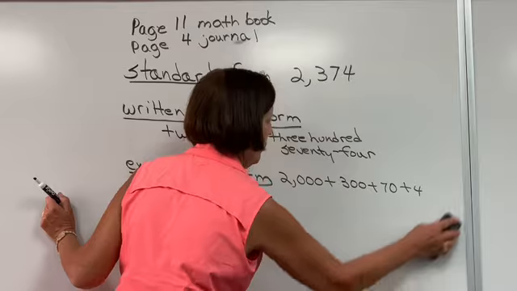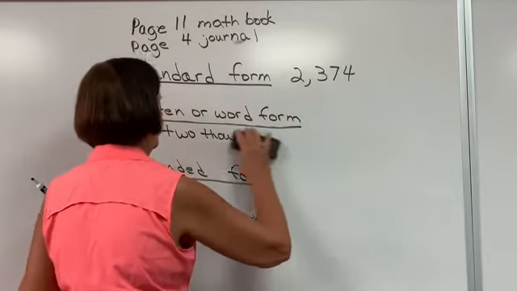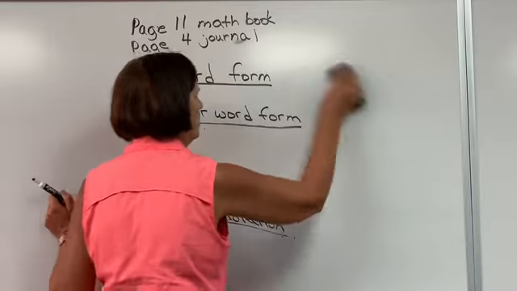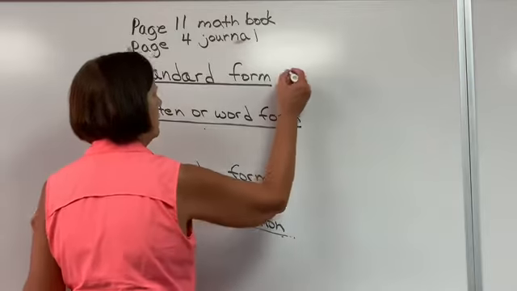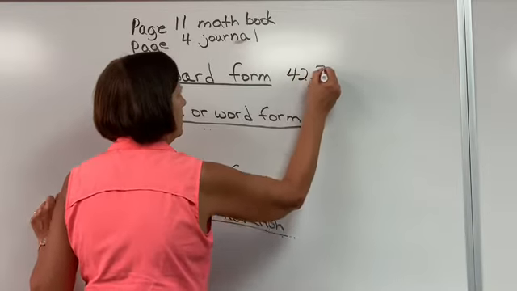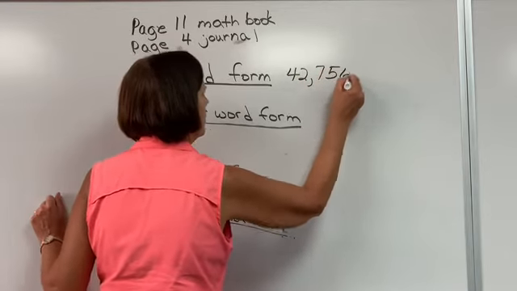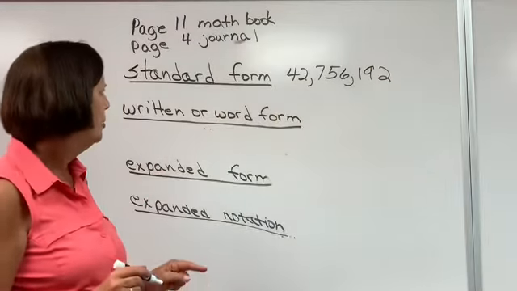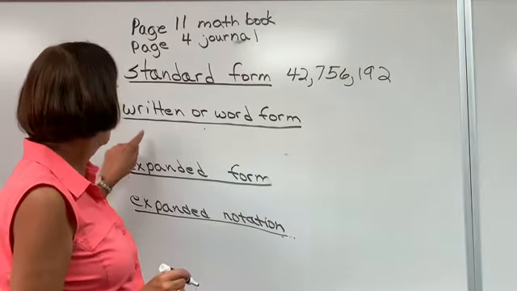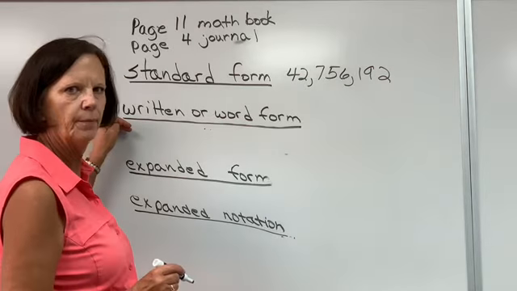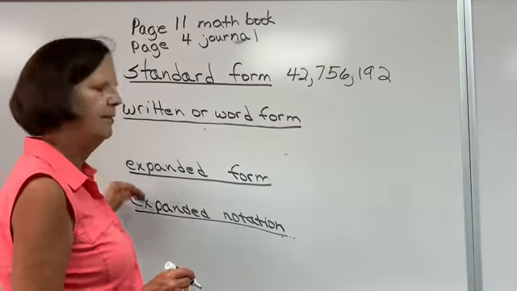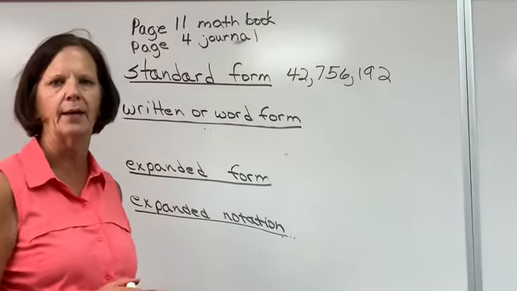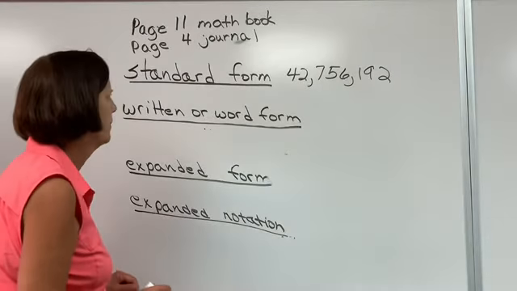So the number I want you to work on, and I'm going to make it just a little bit larger. I'm going to go all the way into the millions. So that's my standard form. You guys pause it, try writing it in word form, expanded form, and then expanded notation, and come back and check yourself with me.